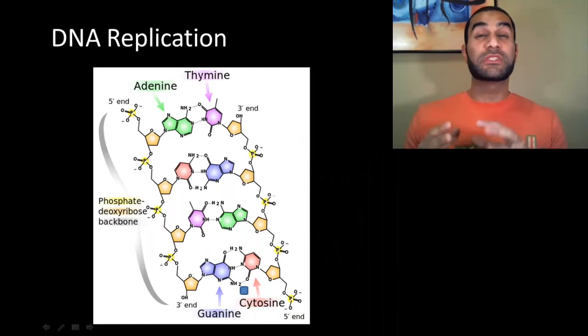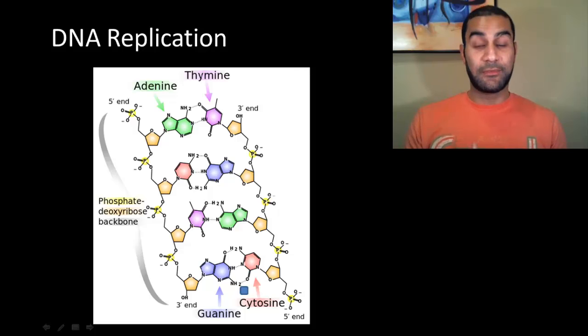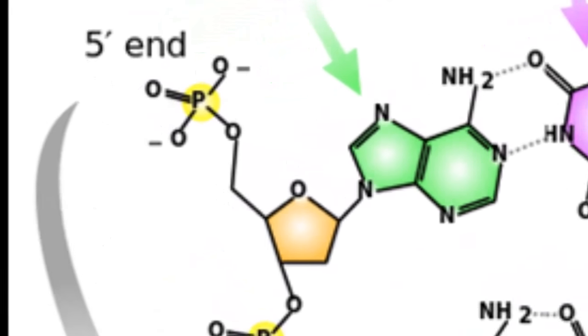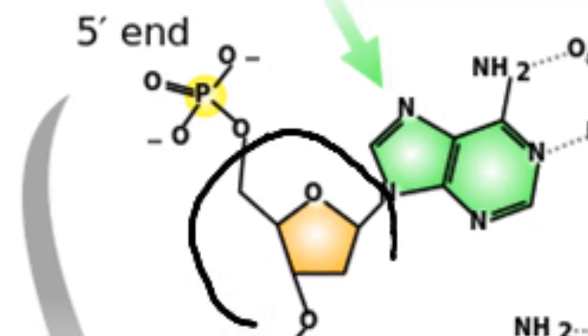This all has to do with which of the 5 carbons that make up the sugar is closest to the end of the line. So let's focus in here on the one that's on the left. Here's our 5 carbon sugar, and we're going to try to count out specifically where the carbons are. The carbons always start the count with whichever one's closest to the base.